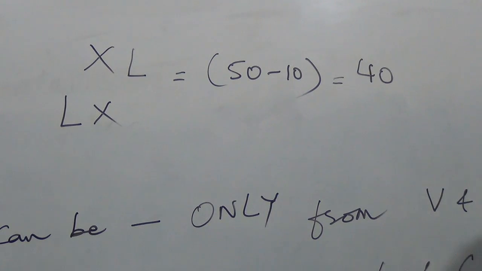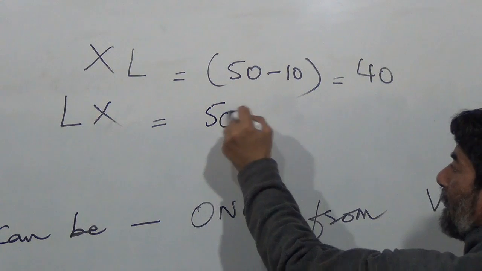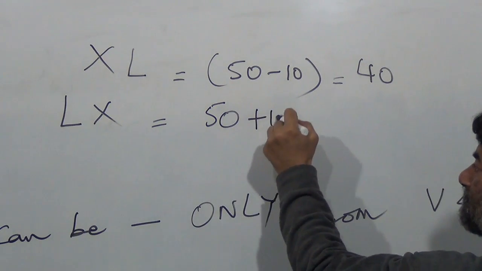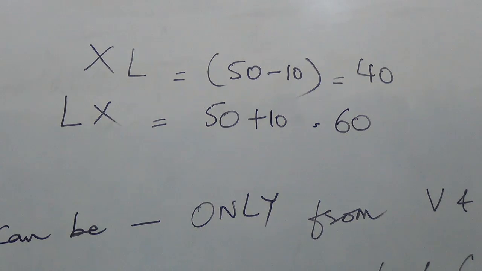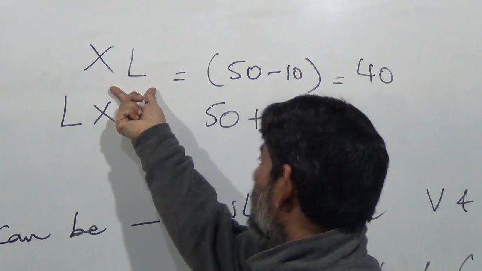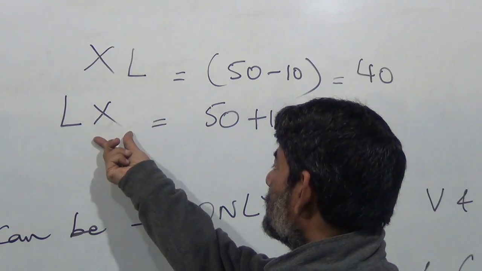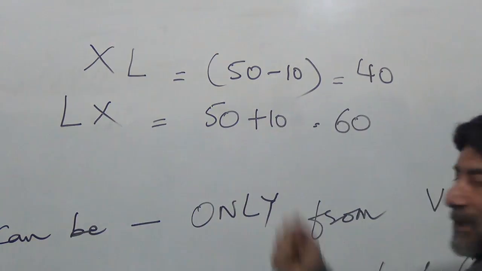This signifies addition. LX would mean L is 50, X is 10. So this is another rule. When the smaller symbol comes before the larger symbol, it means subtraction. When the smaller number follows the larger number, it means addition.